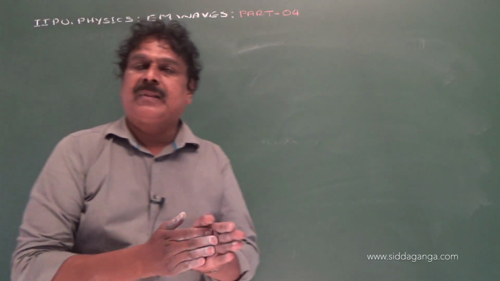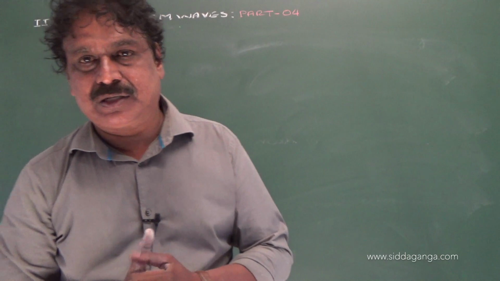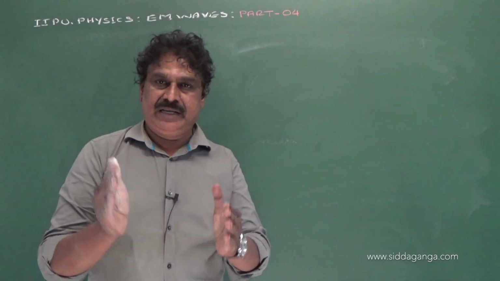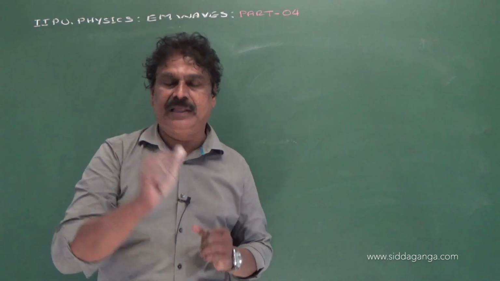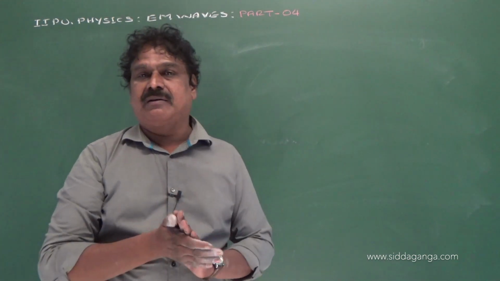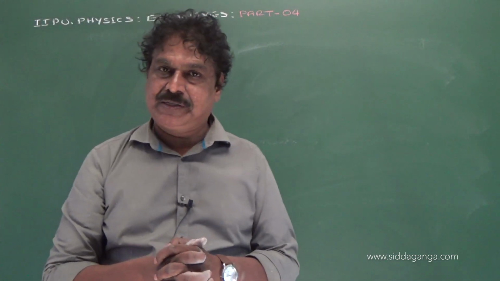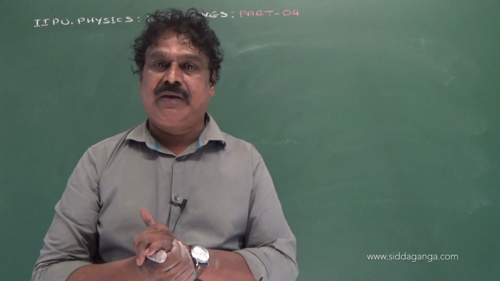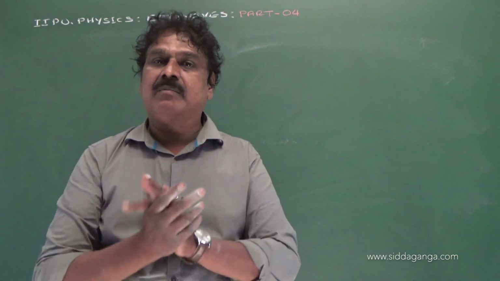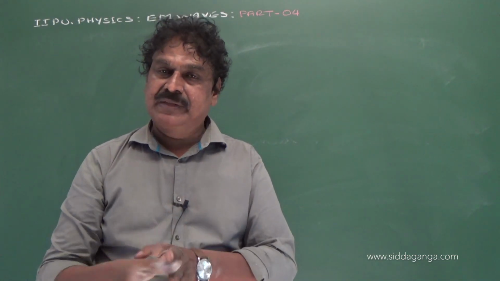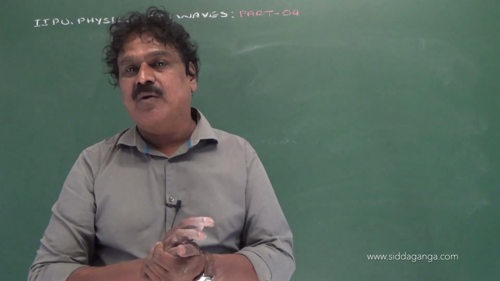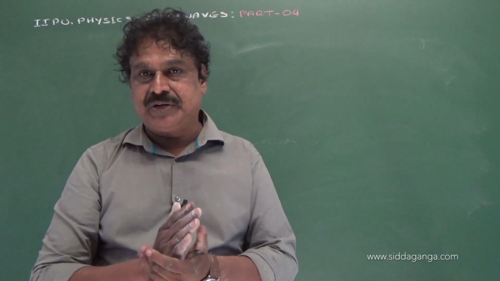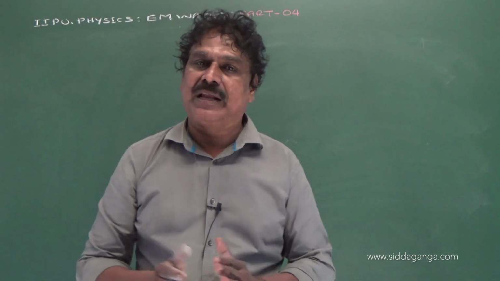Now let us stop at this stage. In this class we have discussed important things: the properties of electromagnetic waves, energy associated with electromagnetic waves, momentum of electromagnetic waves, intensity of electromagnetic waves, and the important thing, radiation pressure exerted by electromagnetic waves.